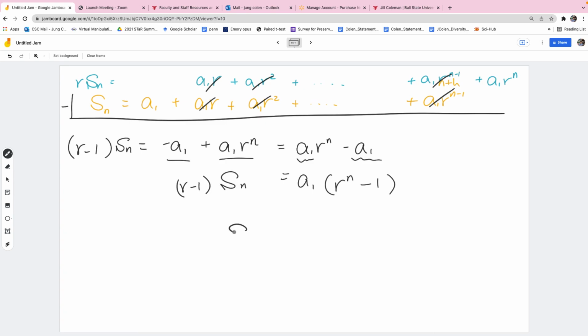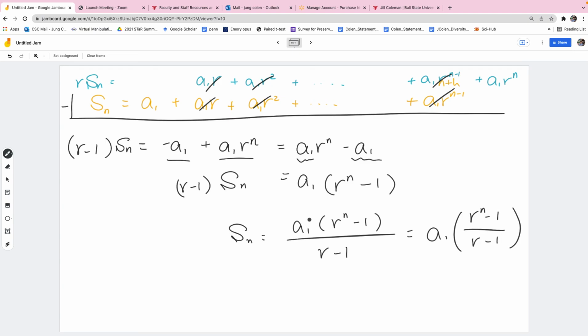So what is S of n? I can divide both sides by r minus 1, right? S of n equals a sub 1 times r to the n minus 1, over r minus 1. And again, this is the same as a sub 1 times r to the n minus 1 over r minus 1, since a sub 1 over 1 is the same as a sub 1, so you can factor that out.